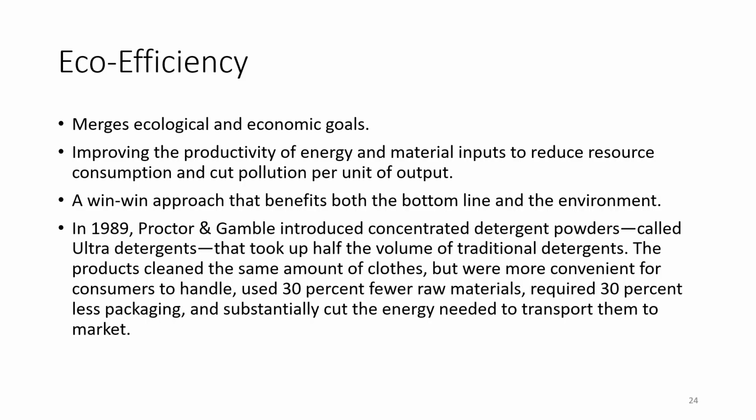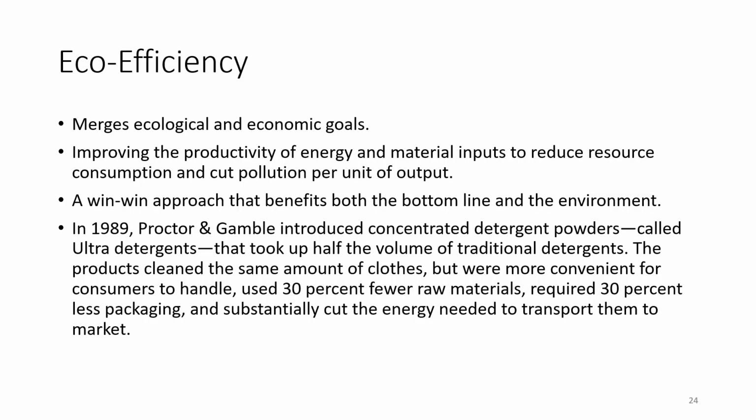Next is eco-efficiency. It merges ecological and economic goals, improving the productivity of energy and material inputs to reduce resource consumption and cut pollution per unit of output. It is a win-win approach which benefits both the bottom line and the environment.